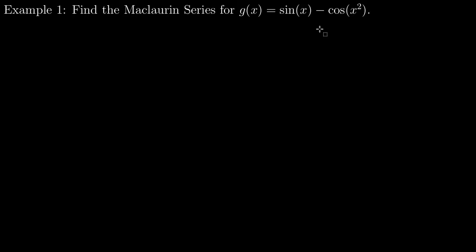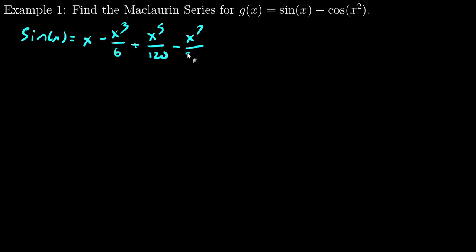And here's what happens. If I recall from the series we just saw, I know that sine of x is equal to x minus x cubed over 6 plus x to the 5th over 120 minus x to the 7th over 5040, and so forth, so on.